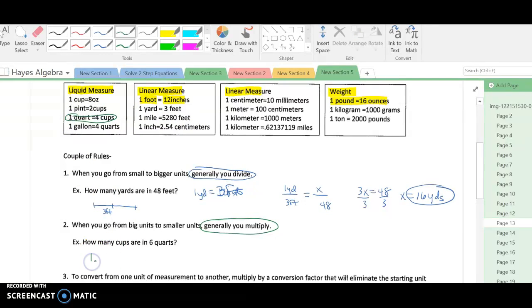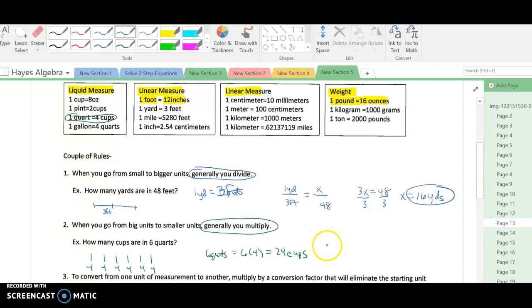So if I have 6 quarts, I have 4 cups in each one. The easiest way is to say 6 quarts is equal to 6 times 4, which would be 24 cups.